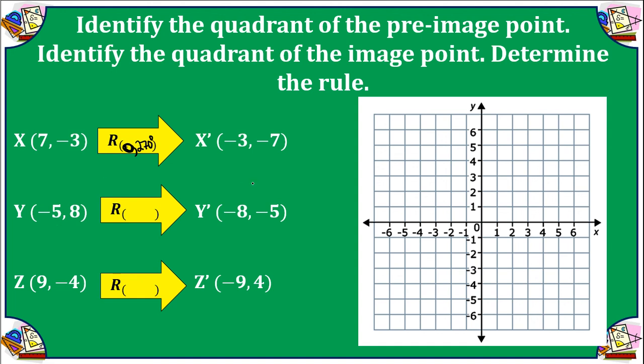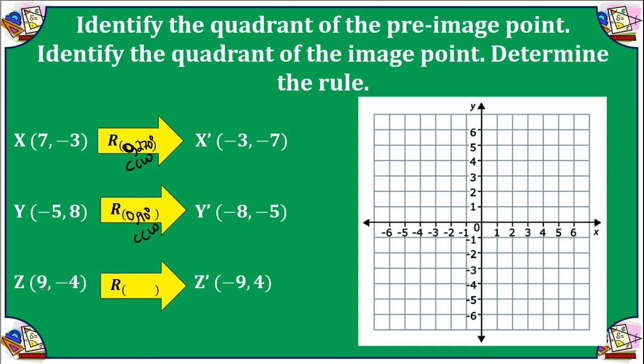On our next one, they've switched positions, so we know it's a 90 or a 270, and the x remained negative, the y changed to the opposite, so that is 90 degrees counterclockwise. So I'm going to write counterclockwise on these.